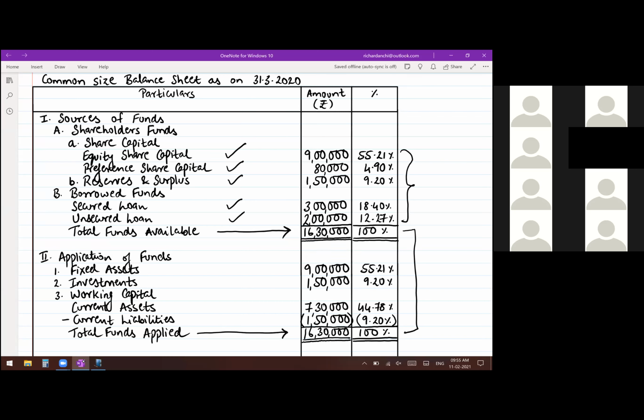Okay, this was a simple one wherein only 1 year was given. Now let's come to the exercise where you have to do the same thing, but for 2 years together. So come to the exercise and page number 378.